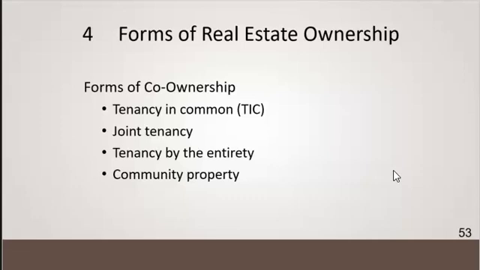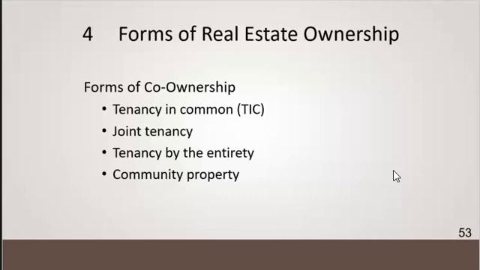All right? So for joint tenancy, you now have to have 4 unities. They have possession. They must have equal interests. They must have equal amounts of interest. So if there are 4 owners, how much do they own? 25%.